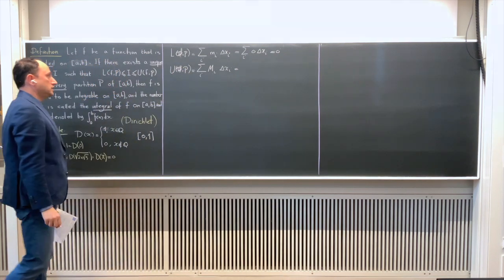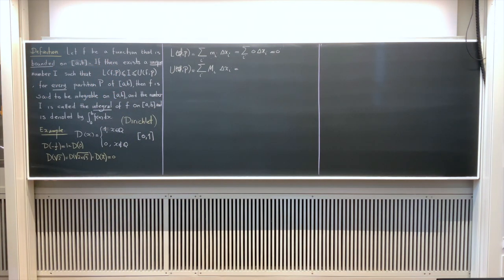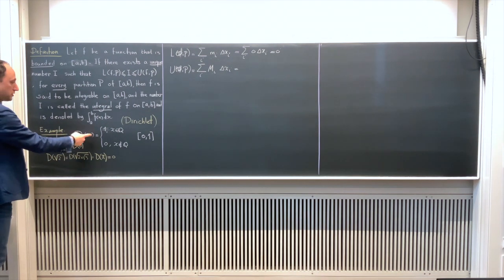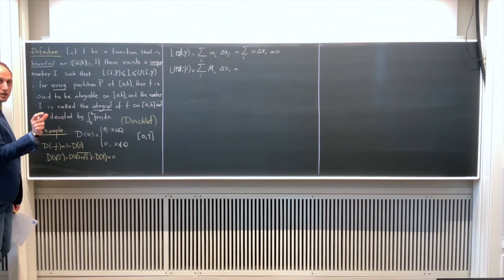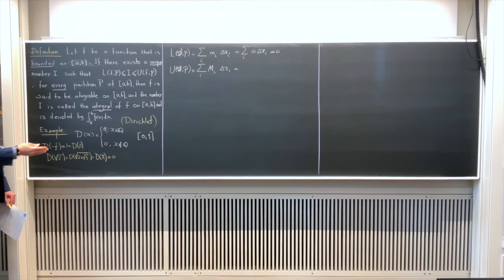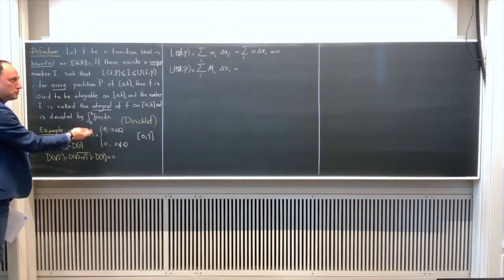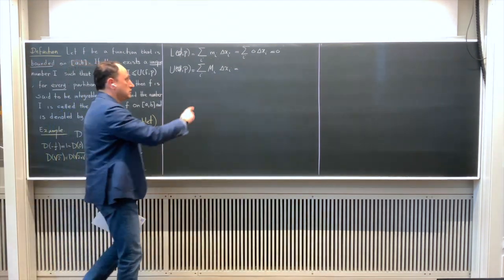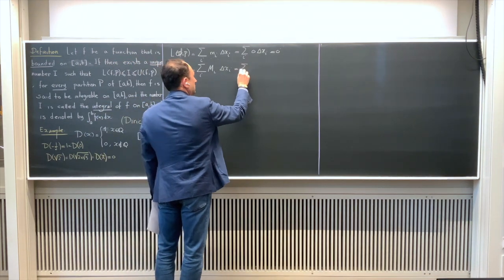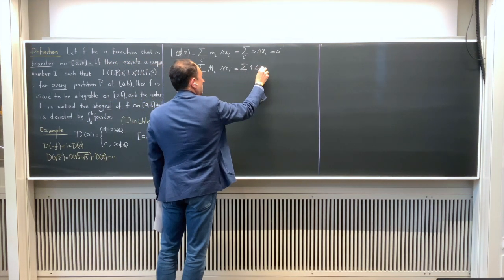The name of my function is d. So what is M i? The maximum value of the Dirichlet function is 1, and it doesn't matter on which interval you're looking at the function. Definitely you will get a rational number, so its maximum value is 1. So M i is 1 times delta x i.